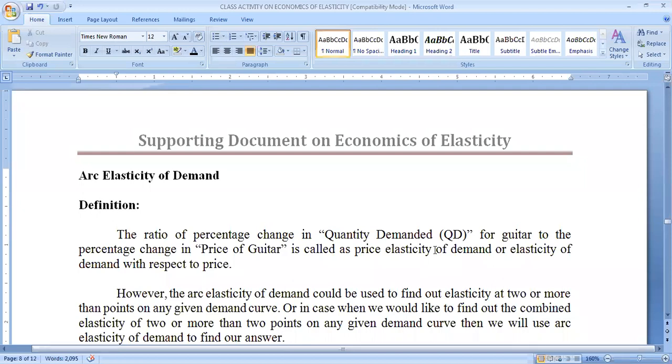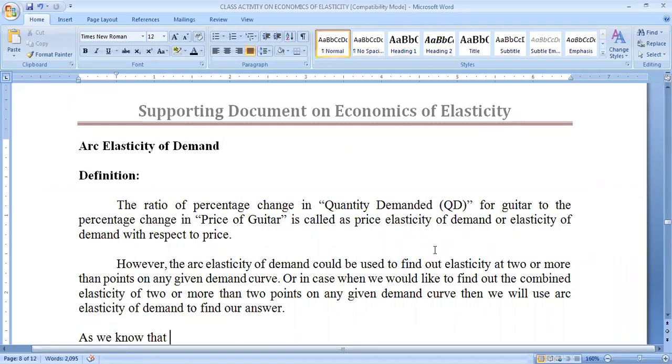Right after the definition, there is some explanation that I've made for you to understand what arc elasticity is about. From the formula, it will be more clear how the arc elasticity can be calculated. The ratio of percentage change in quantity demanded for guitar to the percentage change in price of guitar is called price elasticity of demand or elasticity of demand with respect to price.